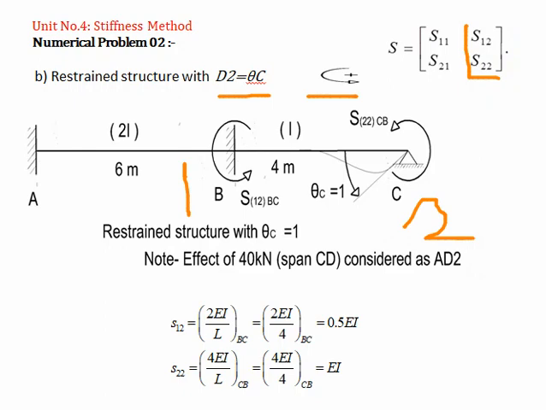The 2 in green color indicates there is action at the second place. So we get S12 and S22, and the far end we keep fixed. S12 is 0.5 EI and S22 is EI.